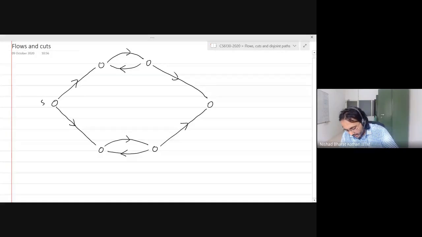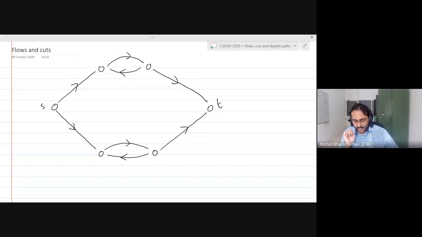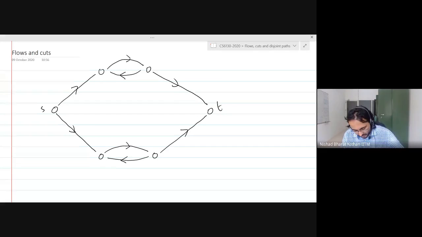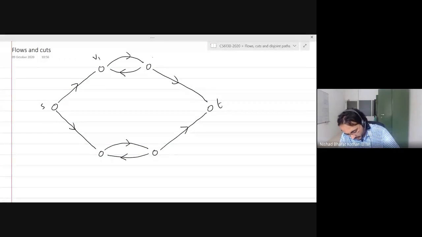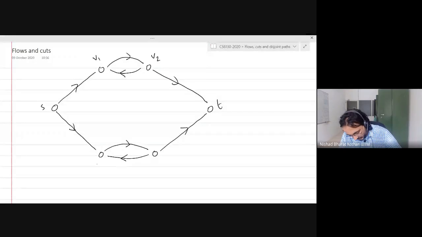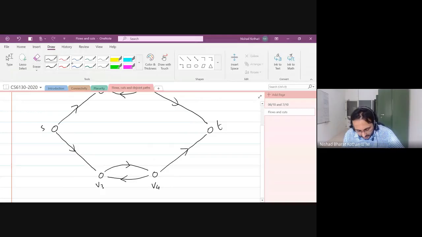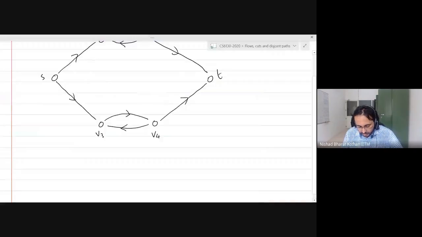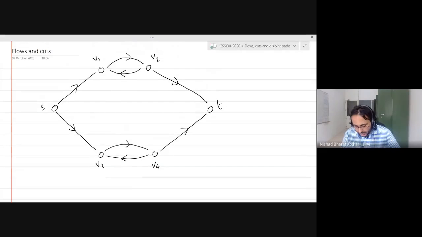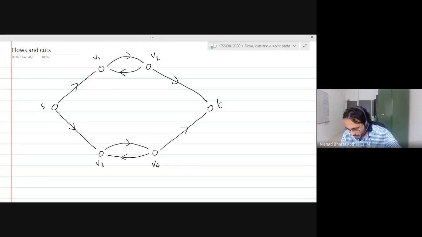Okay, so we have a digraph as before with a source and a target, but now we are going to have some additional information. Let me first label these vertices V1, V2, V3, V4. And for each arc, I'm going to put a number in blue color called the capacity of that arc. So the capacity here is 1, 1, 1.